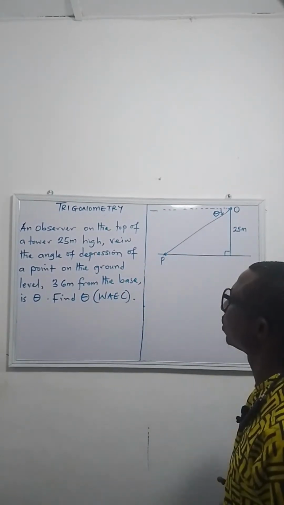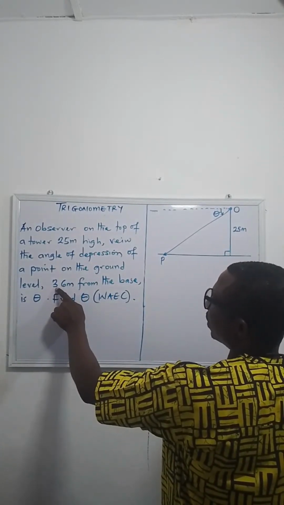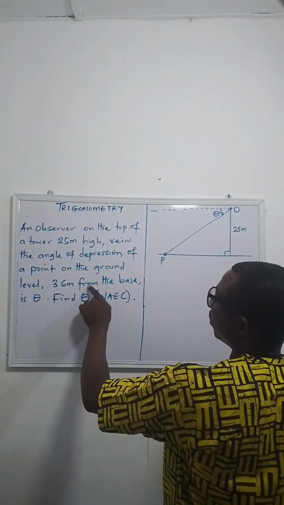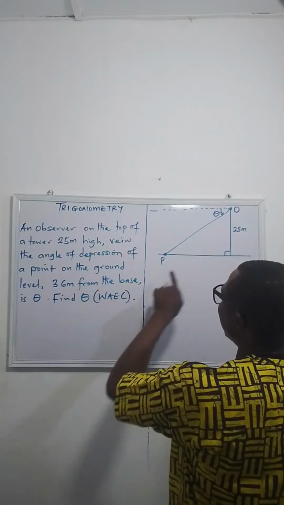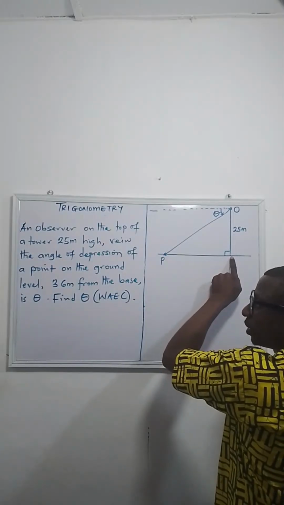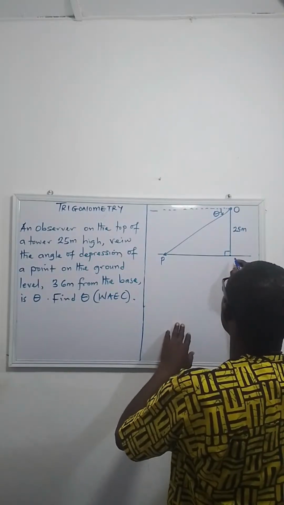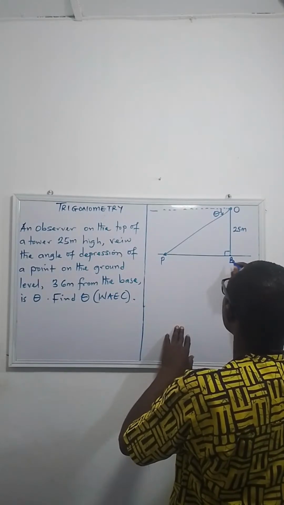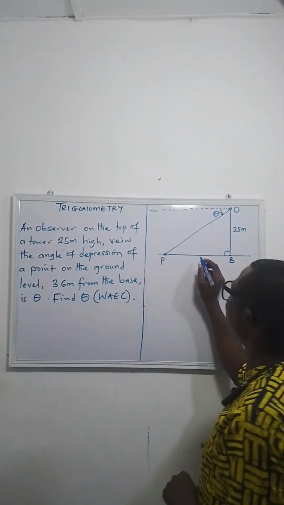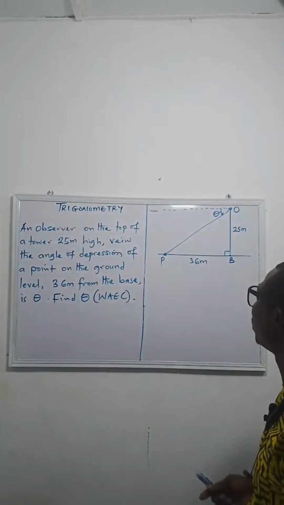We don't know that now. The point is 36 meters from the base of the tower. Now this is the base of the tower, so let's call the base B. The distance between this point and the base of the tower is 36 meters. I want to believe we all understand that.